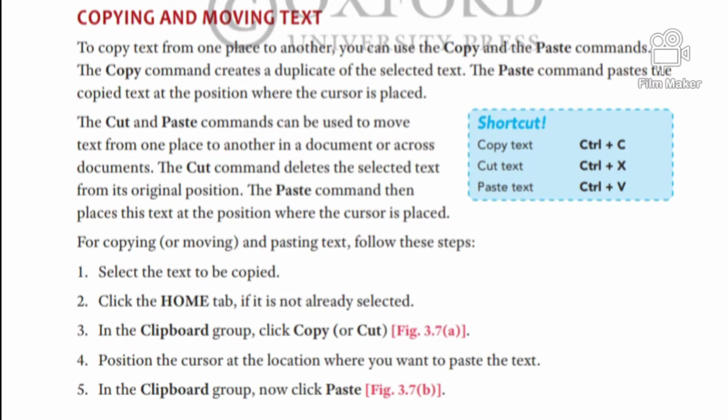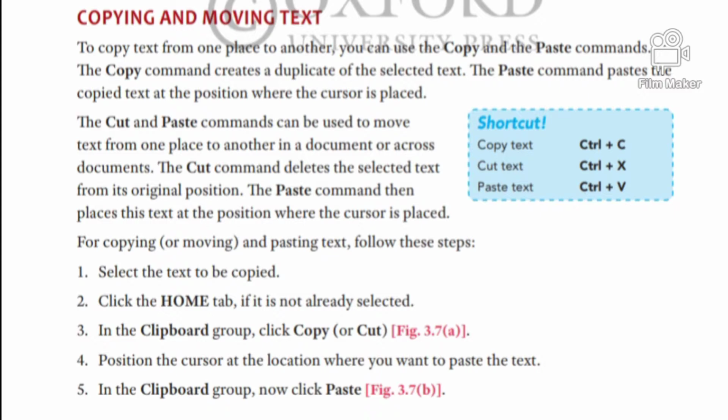The paste command pastes the copied text at the position where the cursor is placed. So what does the copy command do? The copy command creates a duplicate copy of the text that you have selected. And what does the paste command do? The paste command places the text that you have copied where the cursor is placed. Okay, so the role of the cursor is again very important.